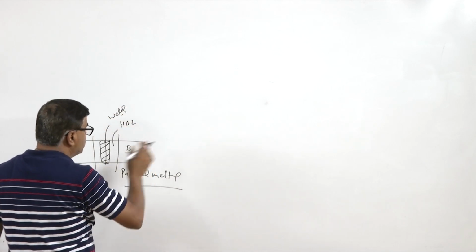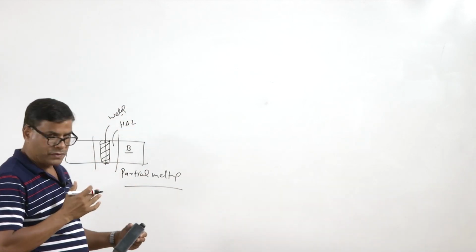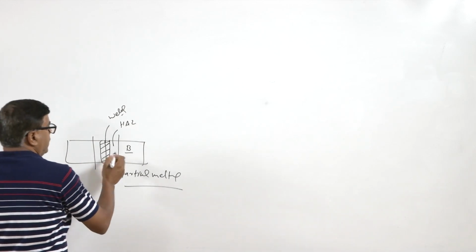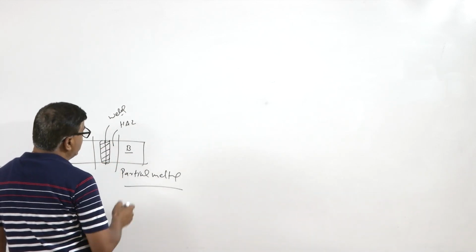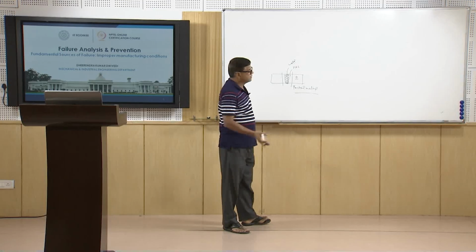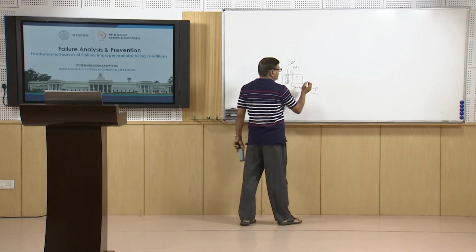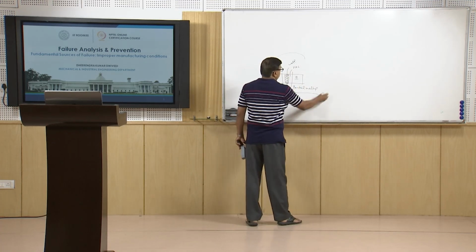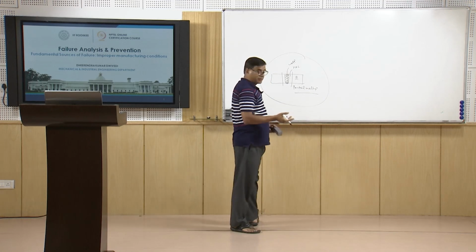So, these are the three zones which are formed, and they will have different structure and different properties, so the weld may be stronger or weaker than the base metal, similarly the HAZ may be stronger or weaker than the base metal. So, depending upon the type of metal and its strengthening mechanism, a weld joint may be weaker or stronger than the base metal.